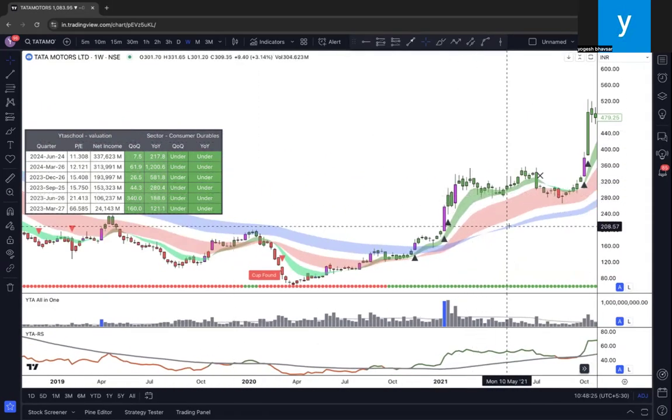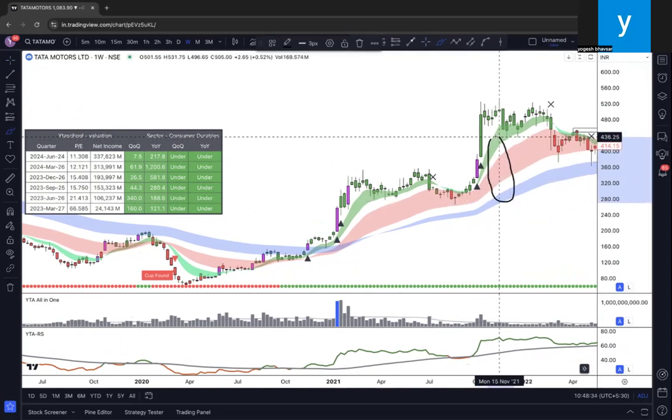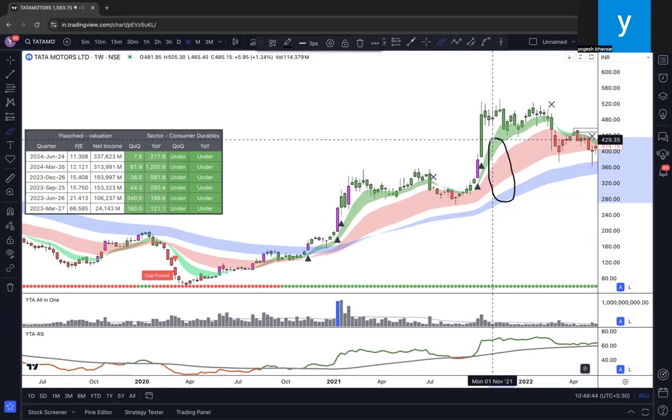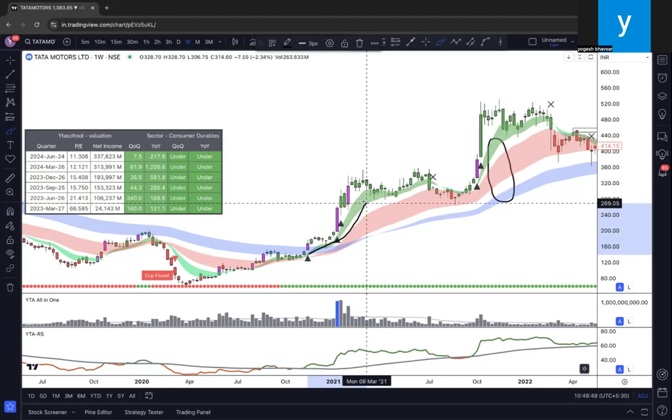Now these 3 ribbons, that is green, red and blue, are nothing but the cloud EMAs, which basically consist of pairs of EMAs, and whenever they cross above like this, the cloud glows up.